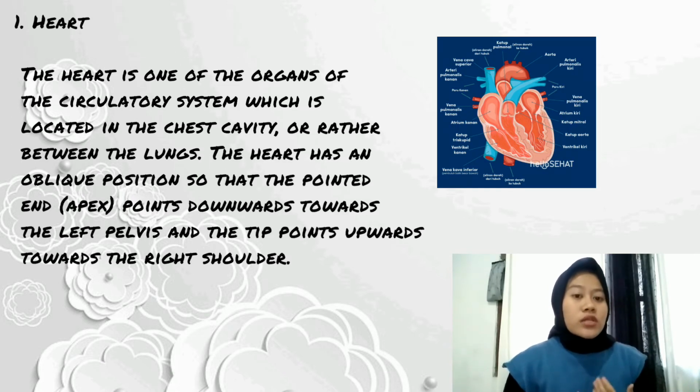The heart is one of the organs of the circulatory system, which is located in the chest cavity, or rather between the lungs. The heart has an oblique position so that the apex points downwards towards the left and the tip points upward toward the right shoulder.